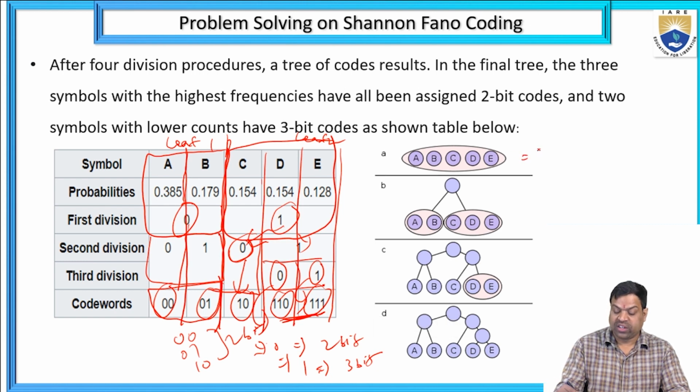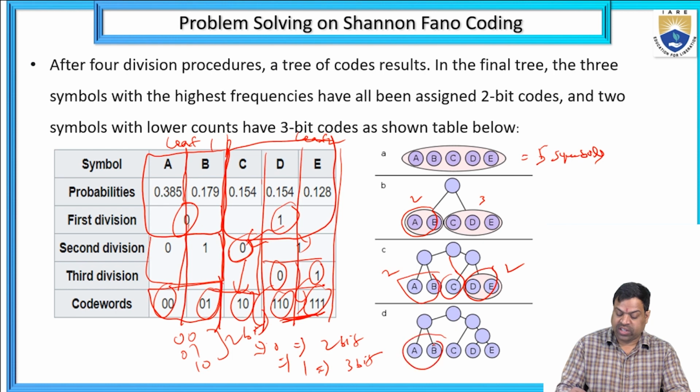So we can see here the 5 symbols. Here 5 symbols dividing as 2 and 3 symbols. Again, these 2 and 3 symbols I am taking as 1 and 2. Again, this is 1 and this is 2.